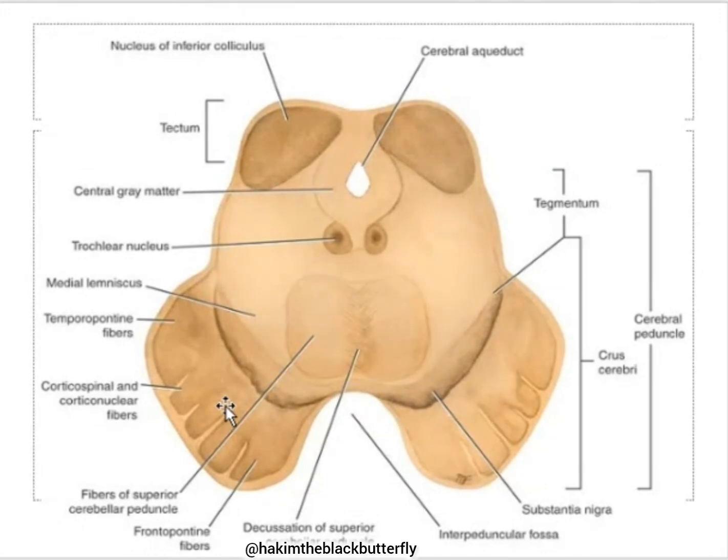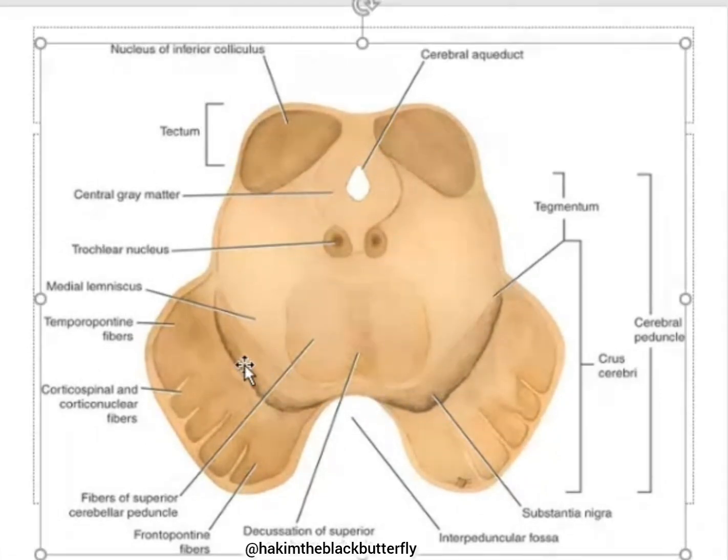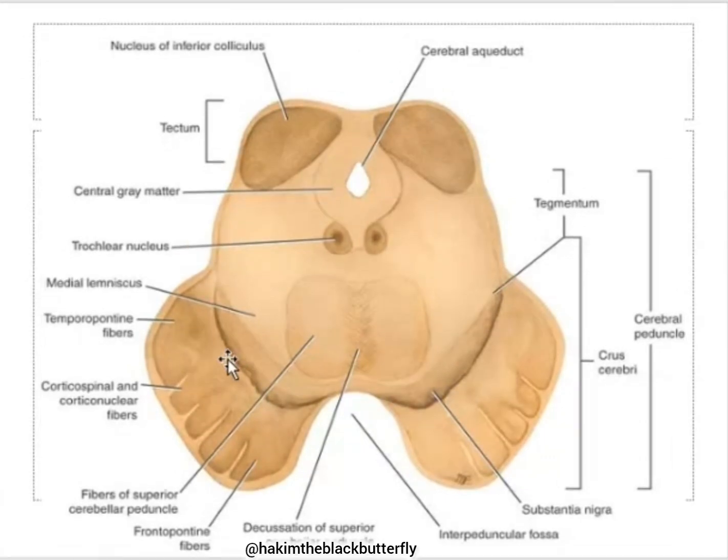So when you make a cross-section at the level of the inferior colliculi, you will see the tectum, the cerebral aqueduct, and all of this is cerebral peduncle. The cerebral peduncle is made up of the tegmentum, the substantia nigra, and then the crus cerebri with the corticospinal tract.